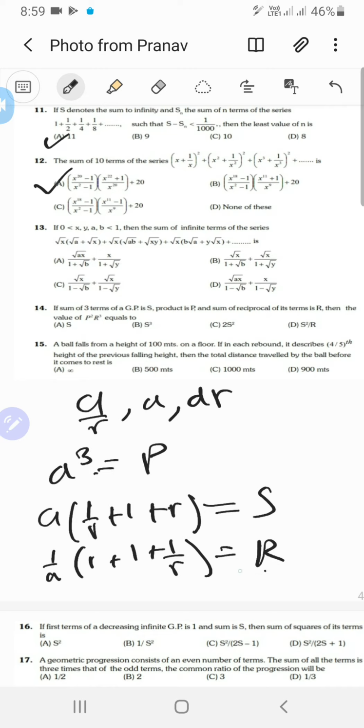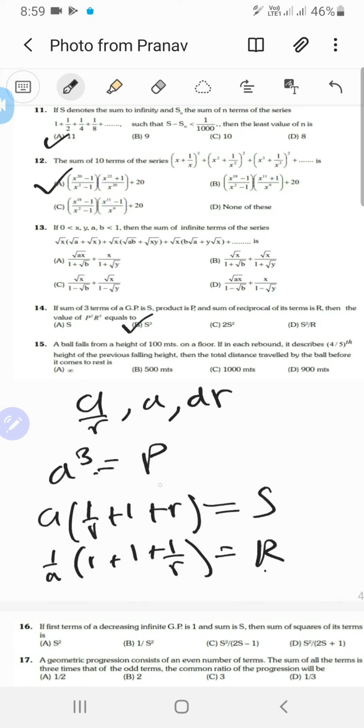That's going to be S cubed. For R cubed, you just get 1 upon A cubed and then this thing cubed, and that times A to the 6th power would give us A cubed times this thing cubed, which is the same as S cubed. So that's easy. B is the correct answer.